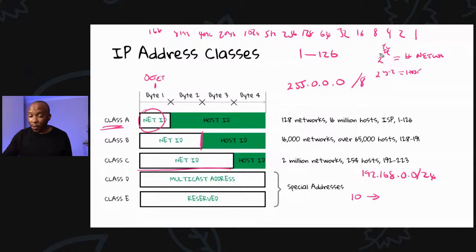So that gives us 2 million networks, but each network has got 254 hosts. Which means that my network has the capacity to support 254 hosts, but I'm only using 10. So in a literal sense, I'm wasting 240 IP addresses.